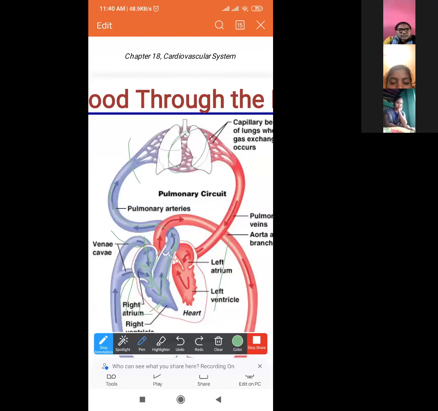Gas exchange is taking place in the lungs, where alveoli are present. That's why we are protecting the lungs. Now in corona disease also, we are protecting our lungs. Mainly they will be infected.